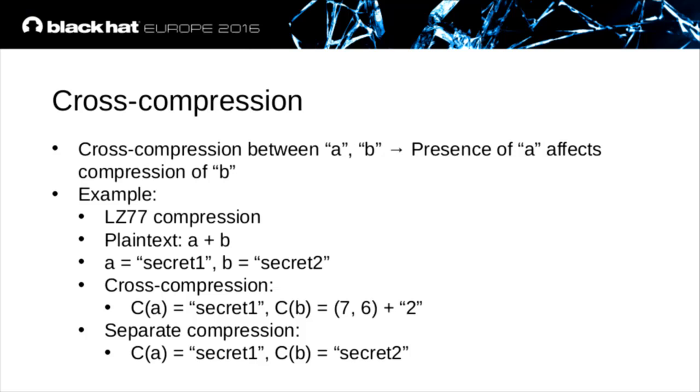So the compression will be something like that. This is an example of cross-compression. If we don't allow cross-compression, then both of these plain texts, A and B, will be compressed separately, so LZ77 will not use a pointer.